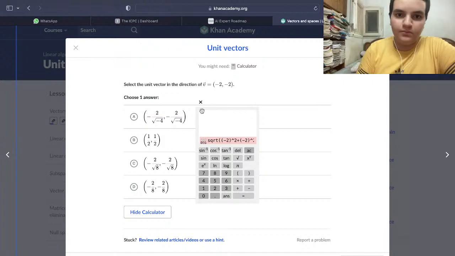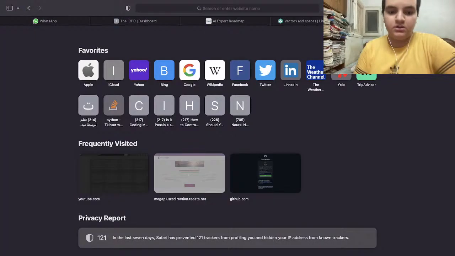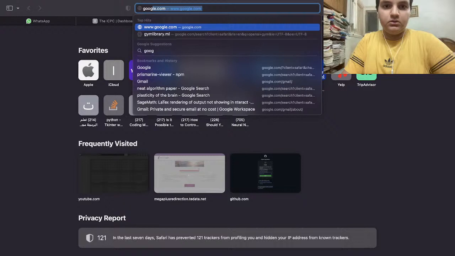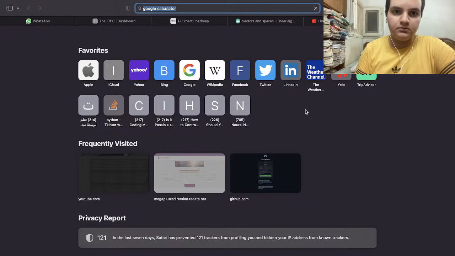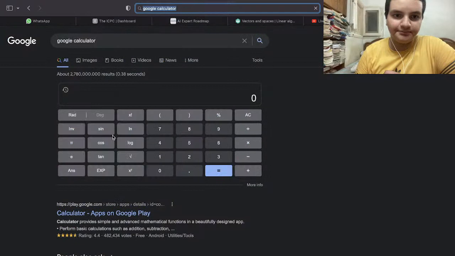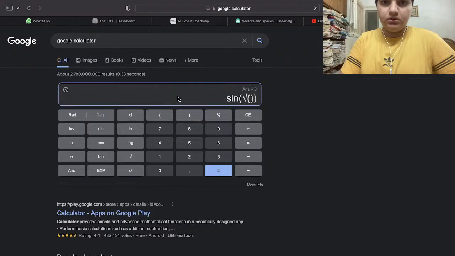Okay, this calculator is not good, so we're going to use our own calculator. So Google calculator. So we've got the square root of 2 power 2 plus 2 power 2.